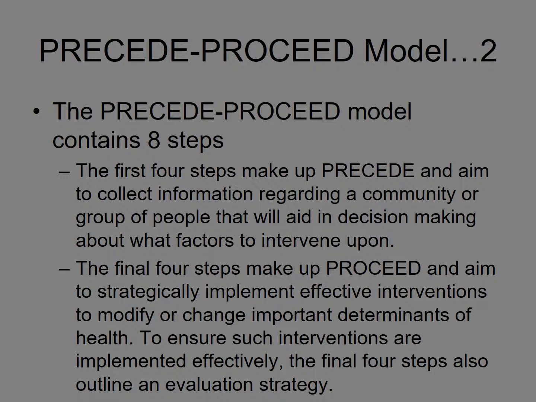So really it's about PRECEDE, how do you decide on what to do? PROCEED is how do you do it and how do you evaluate it? It'll be really nice to go through the 8 steps as you read your textbook and really understand those elements.